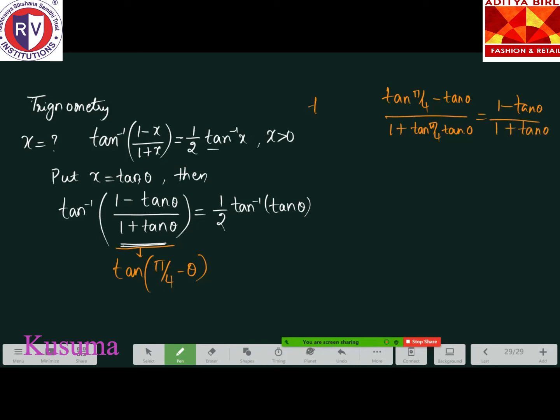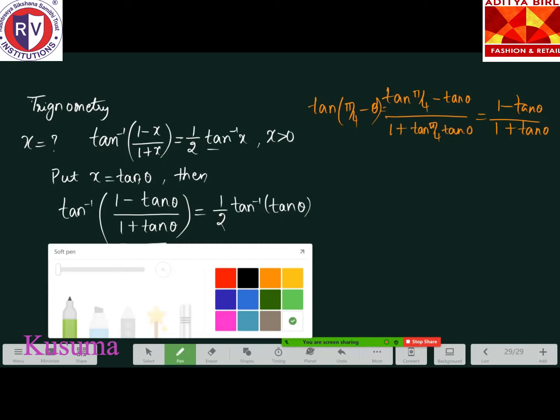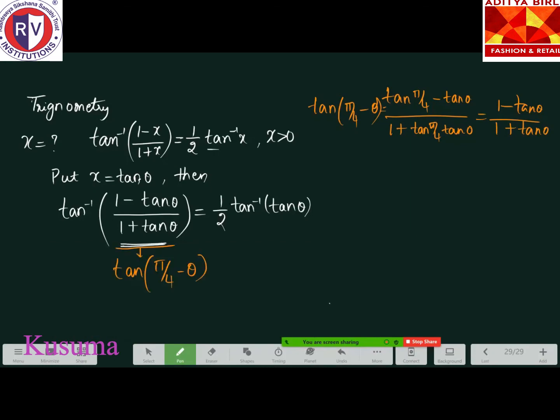That is, we have put a is equal to pi by 4 and b is equal to theta in the formula tan of a minus b. So this thing can be written as tan of pi by 4 minus theta.